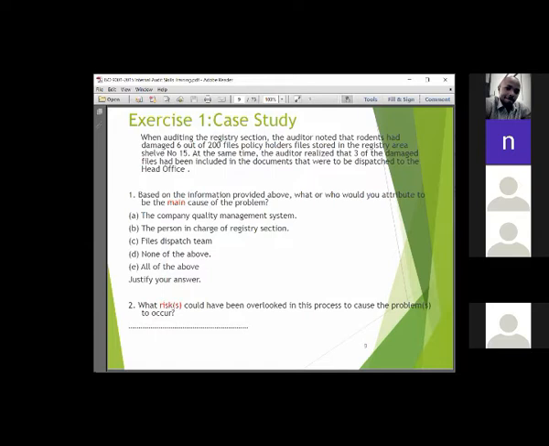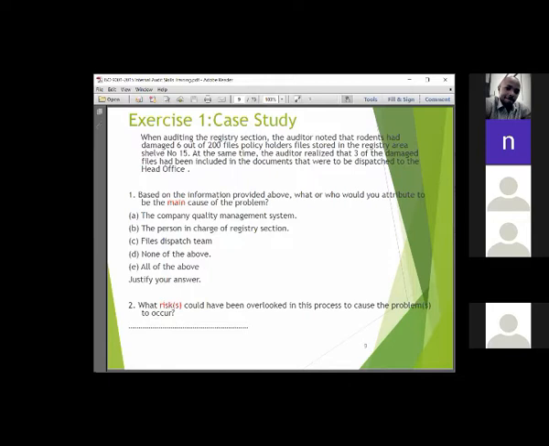So I had said the file dispatch team. I would like to retract and say the person in charge of registry, because they shouldn't be allowing damaged files to be dispatched. Oh, you have changed your mind? Yeah. In my view, they shouldn't even be allowing the file dispatch team to take damaged files for dispatch.